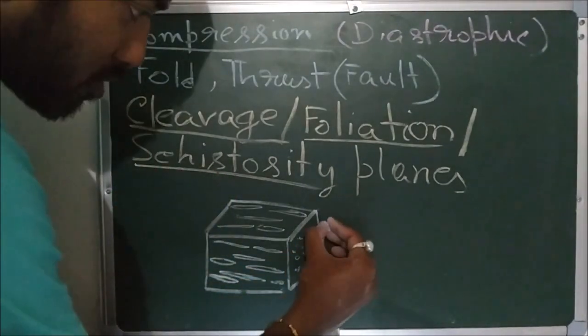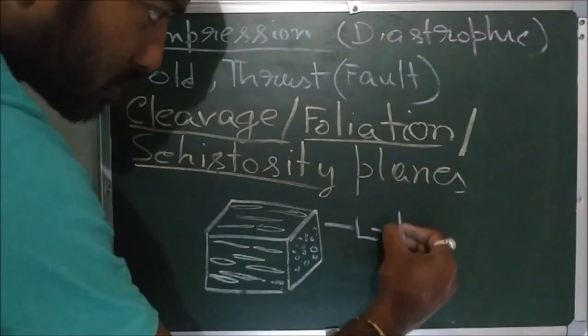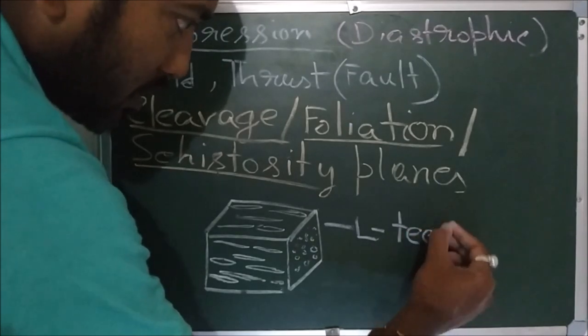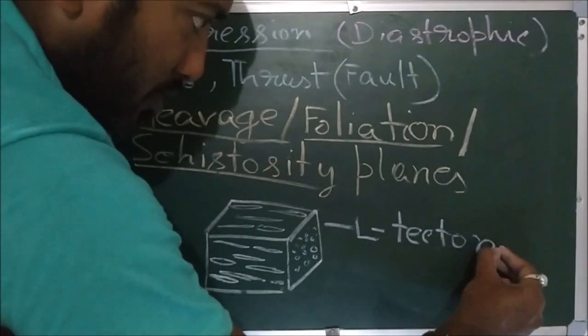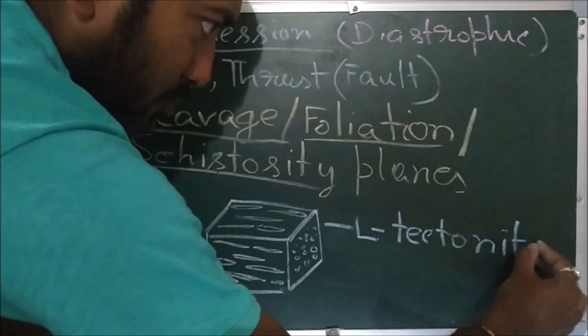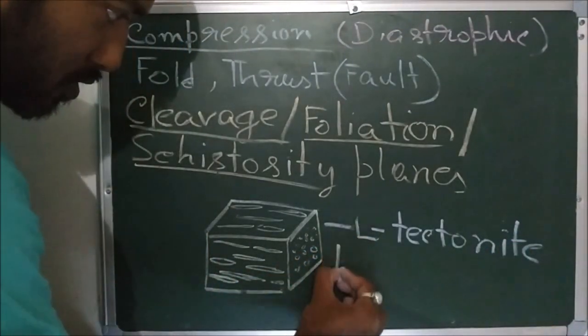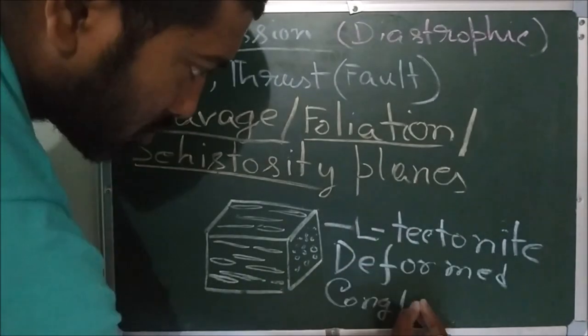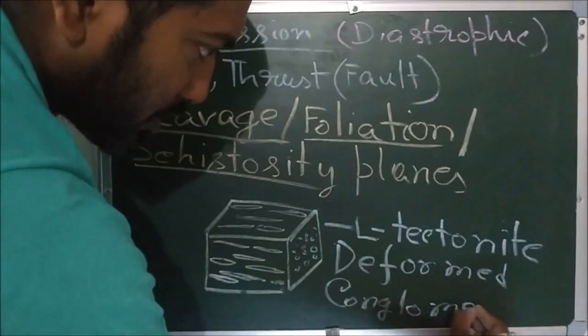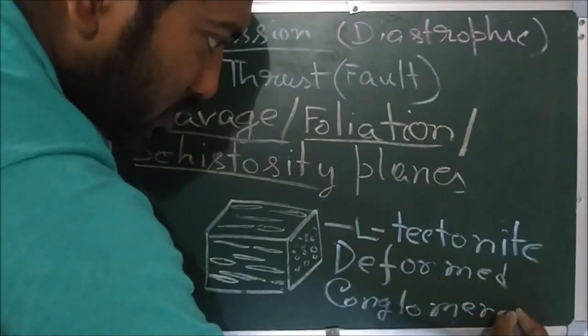So this kind of extremely deformed rock is called L-tectonite. Example, deformed conglomerate.